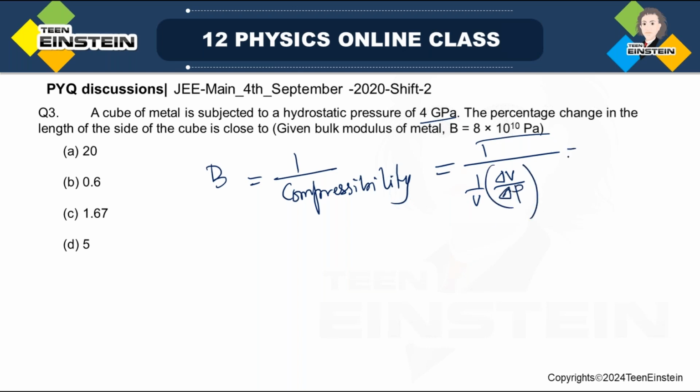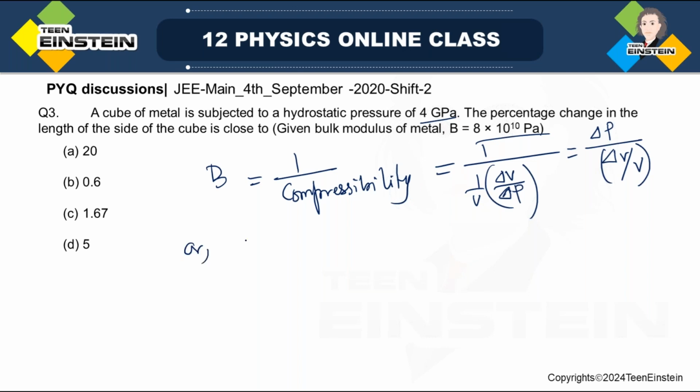So now you look, this is actually becoming V. Let me write V by dV down. This is dP by dV by V. Okay, so this is my bulk modulus, and delta P is given. B is given. I have to find out what is the percentage change in the length.